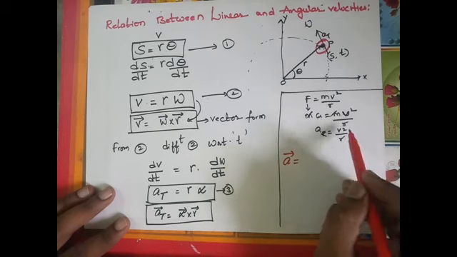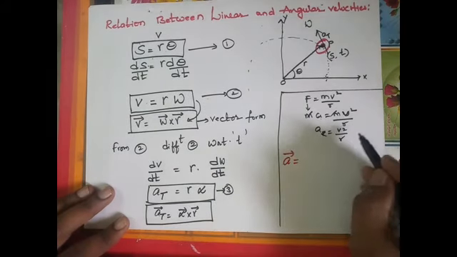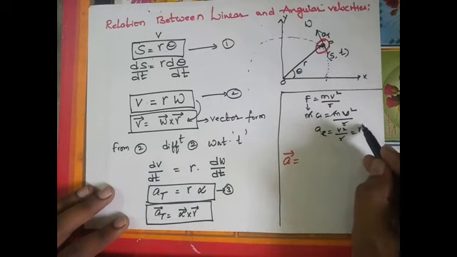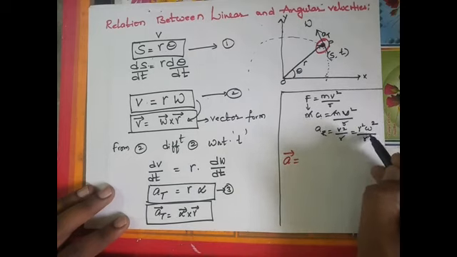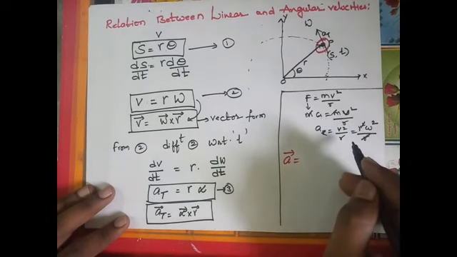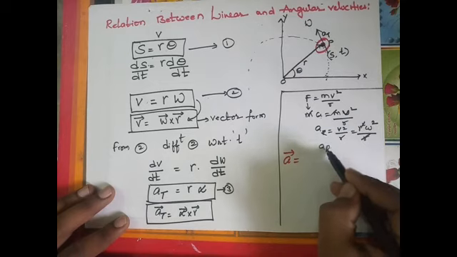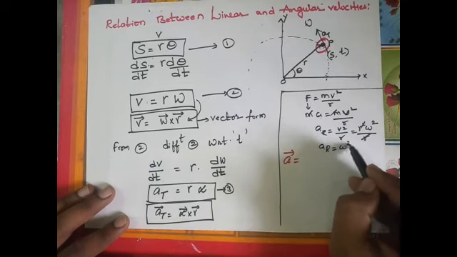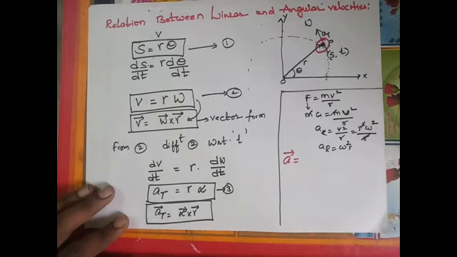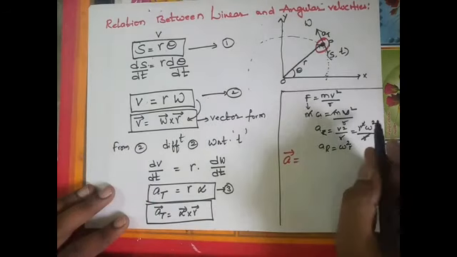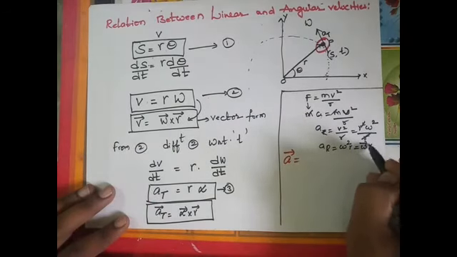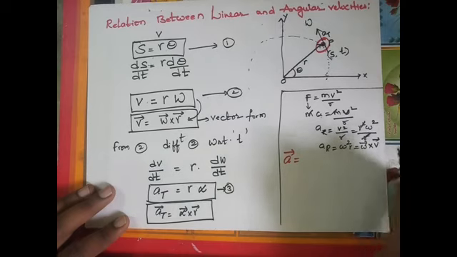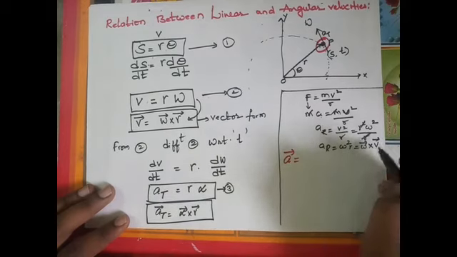This equation can also be written differently. Substitute the v value: r square omega square by r. So r cancels, and we get Ar is equal to omega square r, and again this can also be written as omega bar cross v bar, because if we substitute v equal to r omega, we get omega square r.